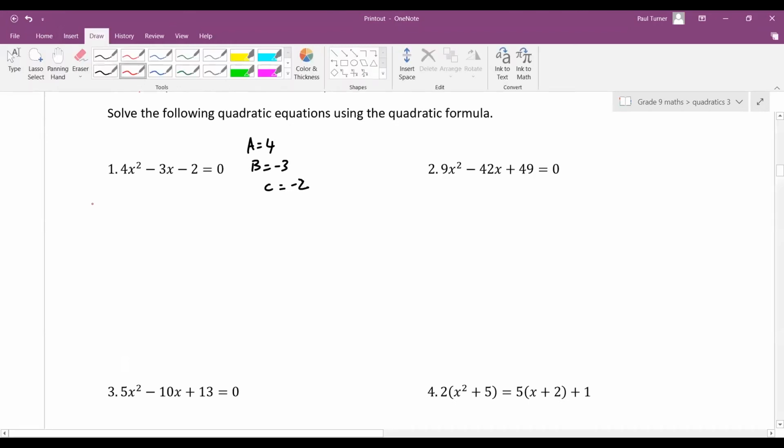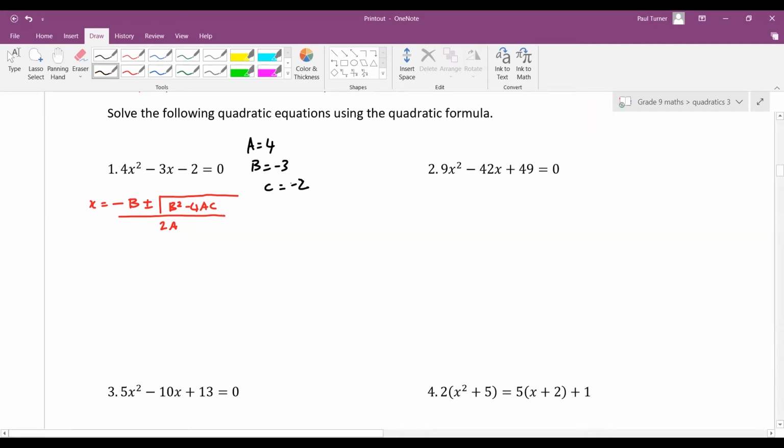X is minus B plus or minus the square root of B squared minus 4AC, all on 2A. If you write it down in this section of work each question, I think by the end you'll remember the formula.